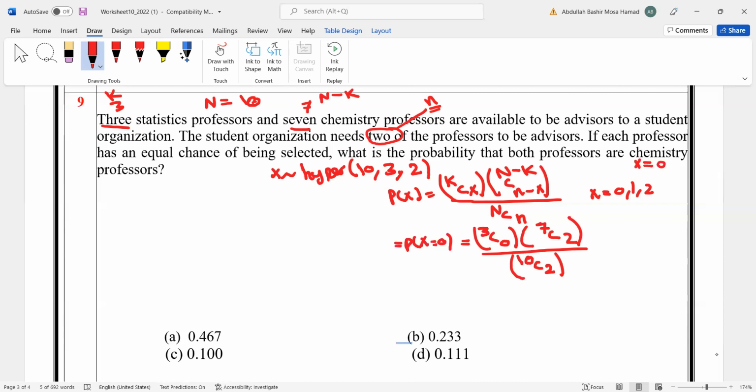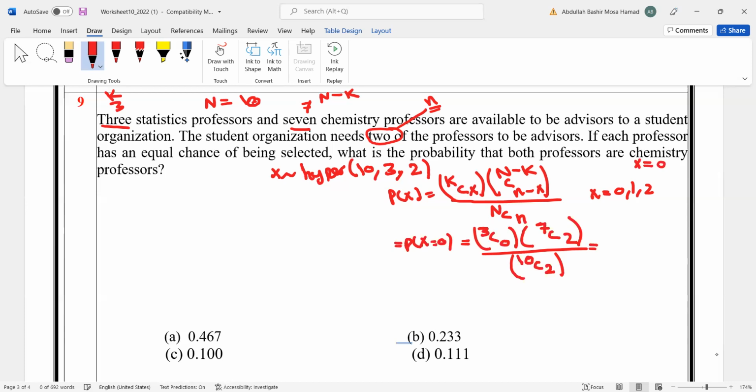So we select 0 professors from statistics and 2 professors from chemistry, over the total number of selections, where we select 2 out of 10.